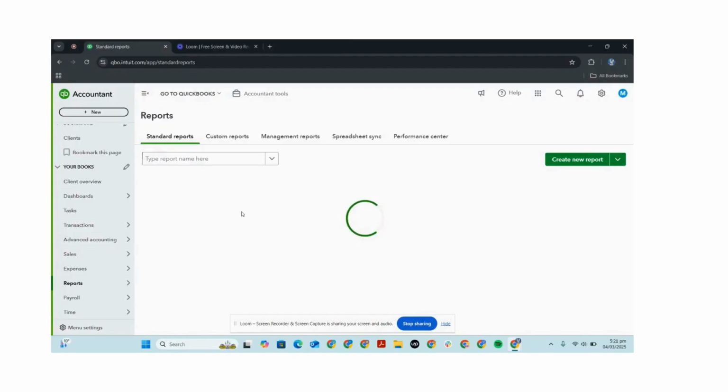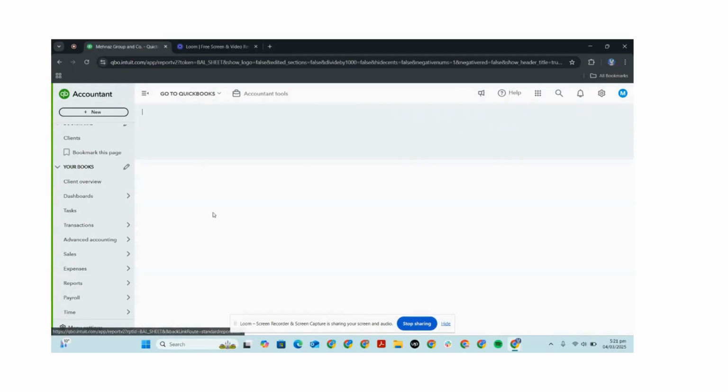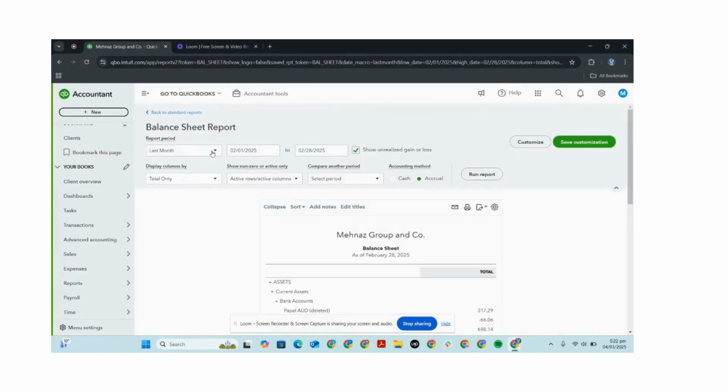And of course your balance sheet. So here's the balance sheet, showing how many assets you have in your business, what debts and loans you have, and what your equity in the business is.